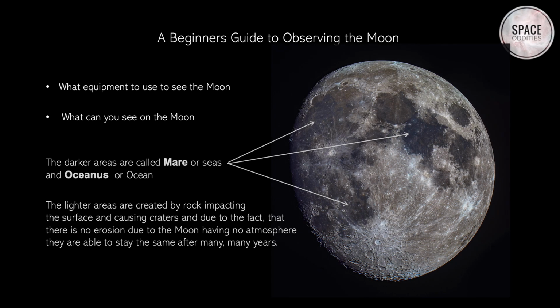So, what can you see when you look at the moon more closely? You may notice that there are dark areas and light areas across the surface, and the darker areas are called mare or oceanus, which in Latin translates to seas or ocean.